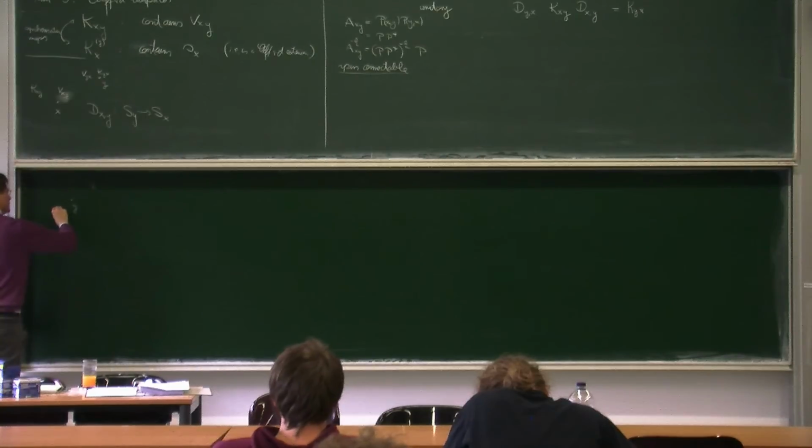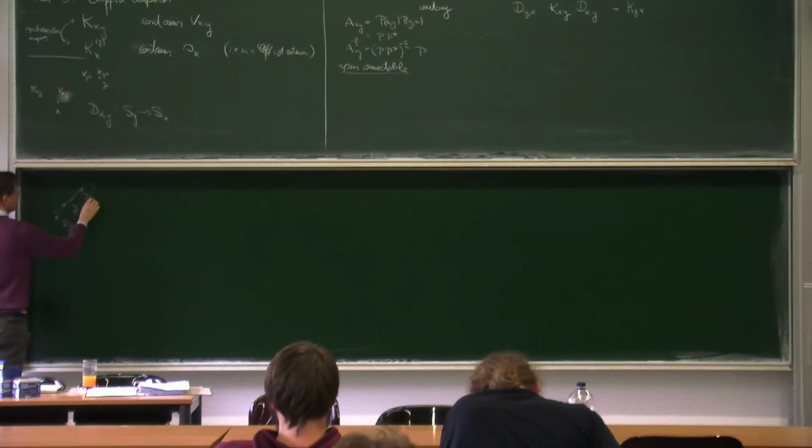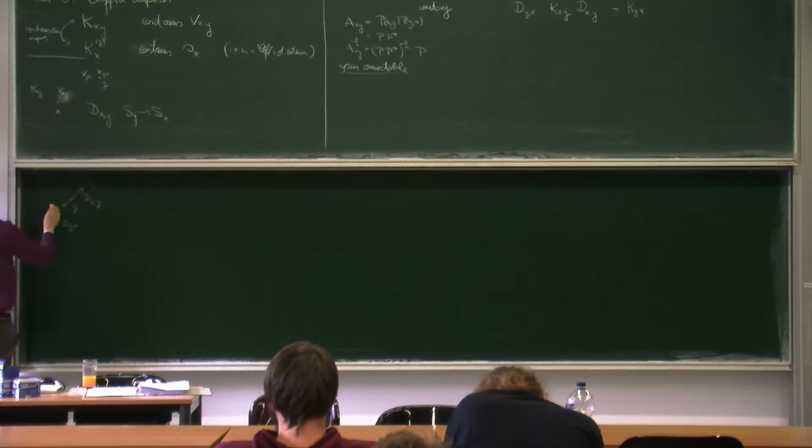So we have xy, and first we want to go like this. Then we have dyx, which maps from here to here, and then we have dzy, which maps from here to here. So this is sx, sy, sz.